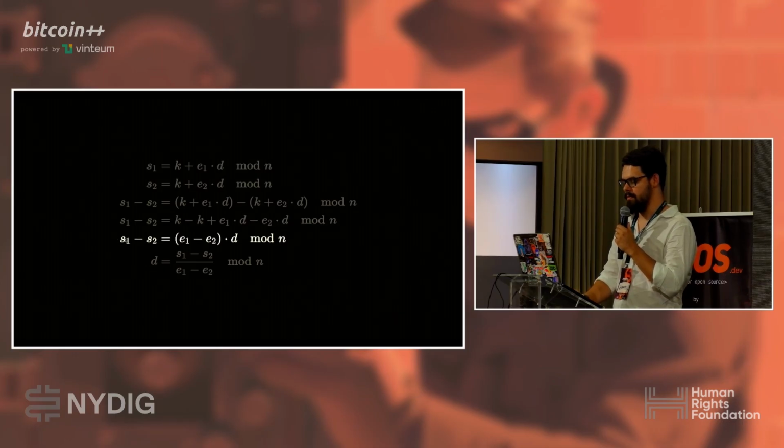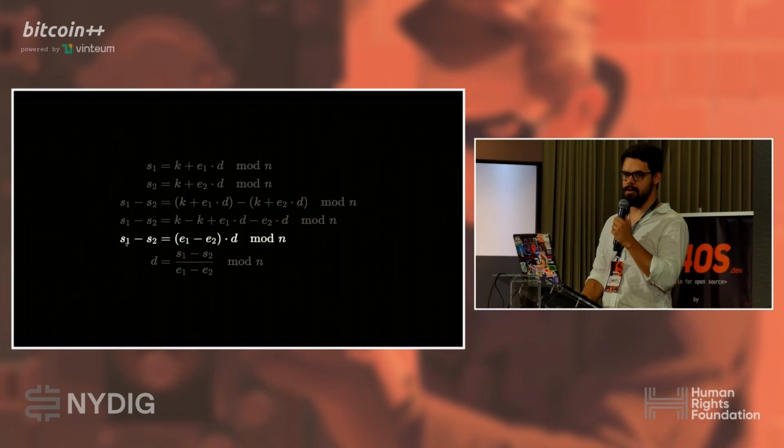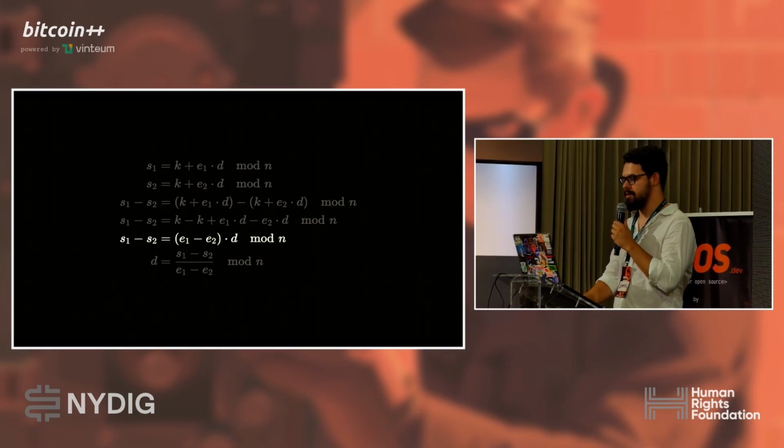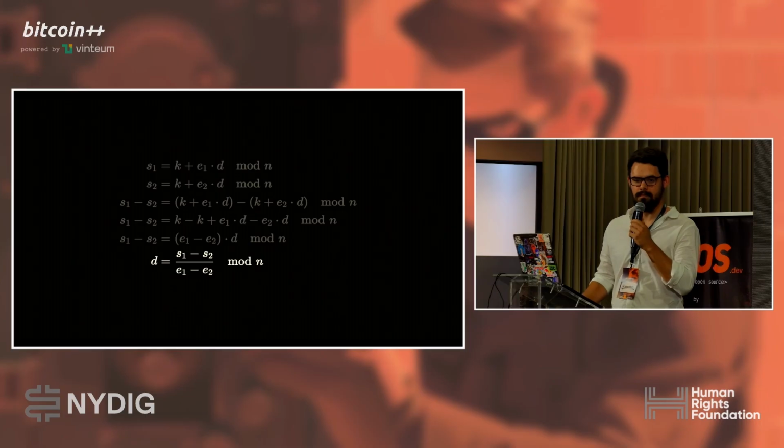And I'm left with one signature minus the other equals my commitments being subtracted times my private key. Again, I can rearrange this so that I'm left with the private key.